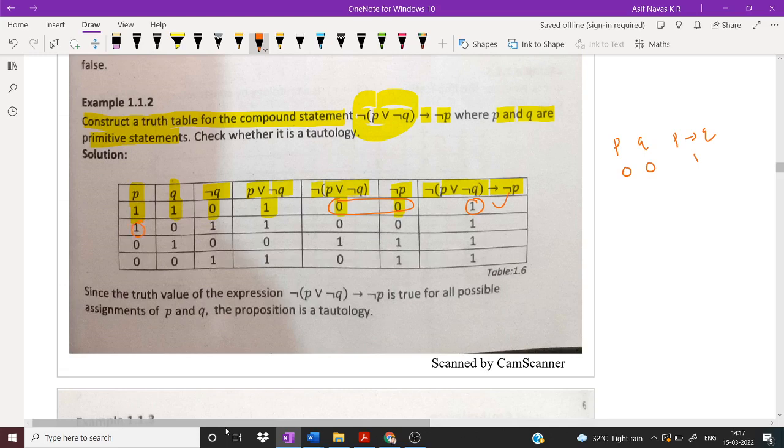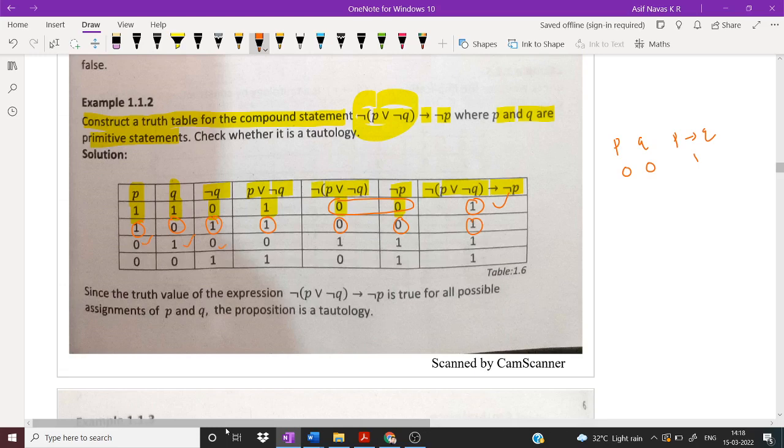Similarly, for P 1 and Q 0, negation Q is 1, P disjunction negation Q is 1 and its negation is 0, negation P is 0, and 0 implies 0 is true.